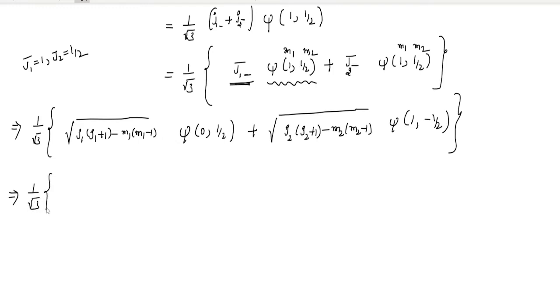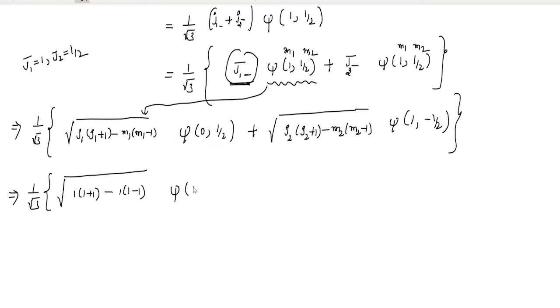Root 3, root of 1 into 1 plus 1 minus. Why am I applying this m1 value? I am applying this operator on this wave state, then you can get eigenvalues of these things, not other things. M1 is 1.